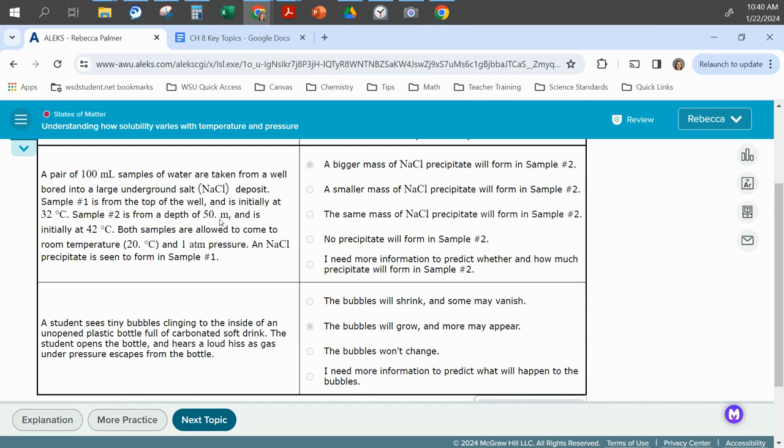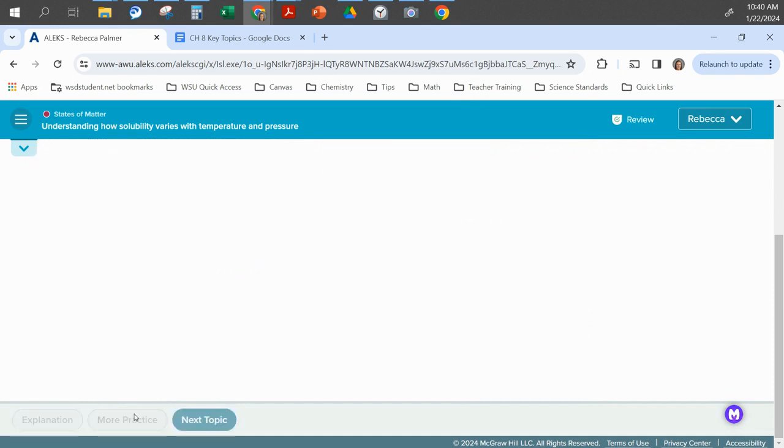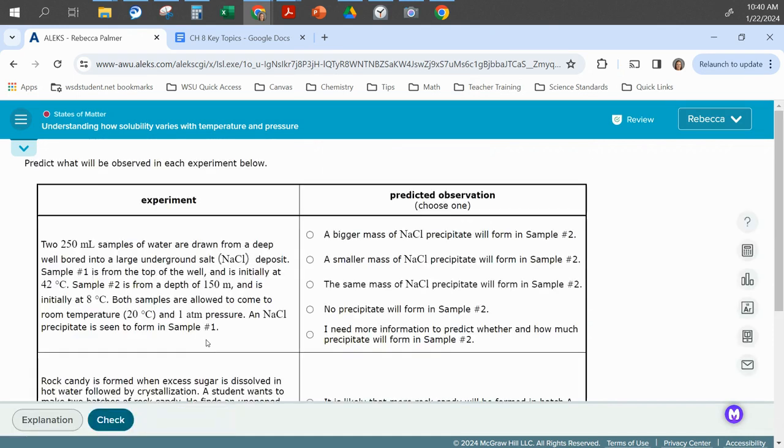Okay, let's see. Is this the same one that we had? Oh, yes, it is. More practice. Okay, so same thing. We have salt from a mine. We dug a hole and we found some salt. Initially, one was at 42 degrees Celsius, and the other one is at 8.